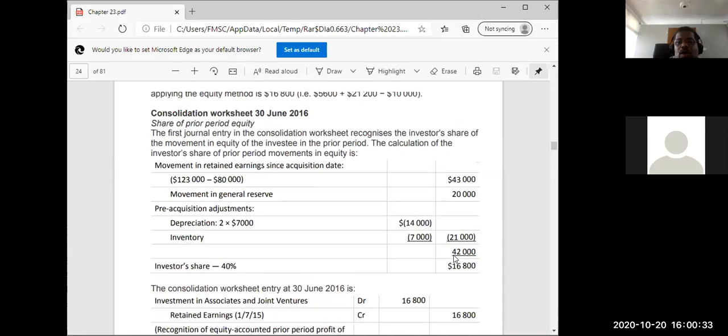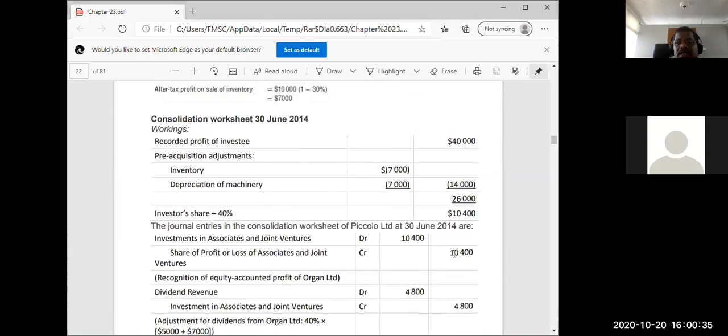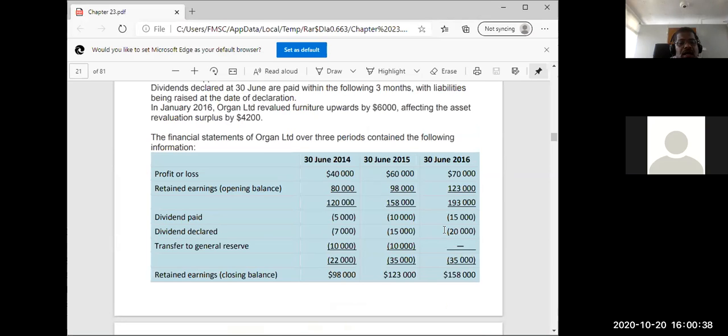And also you have to make the dividend adjustment. Look at the dividend in the question only. Yes, dividend is 15,000 and 20,000. That is there, I think.